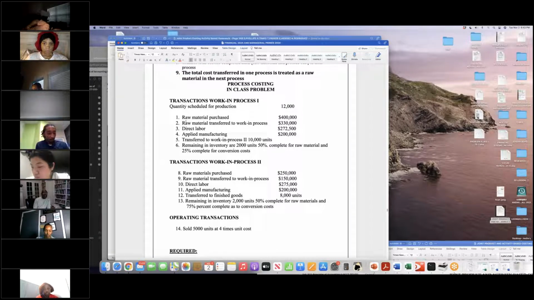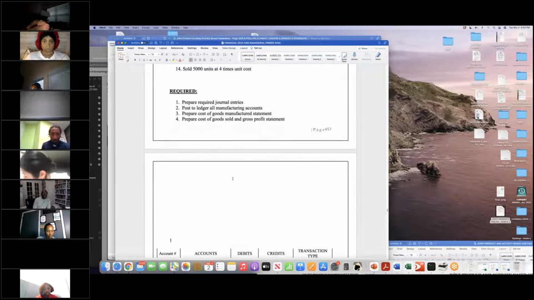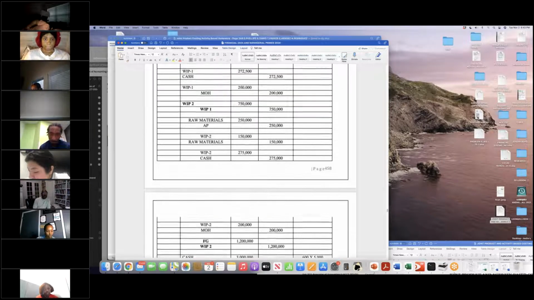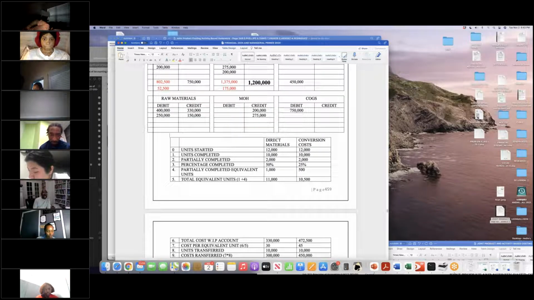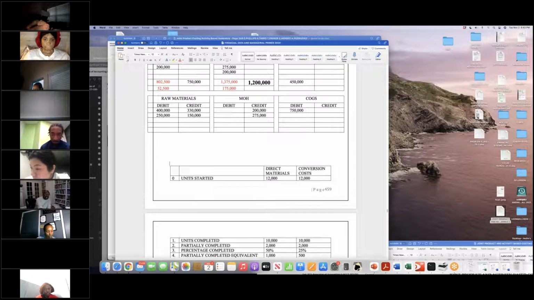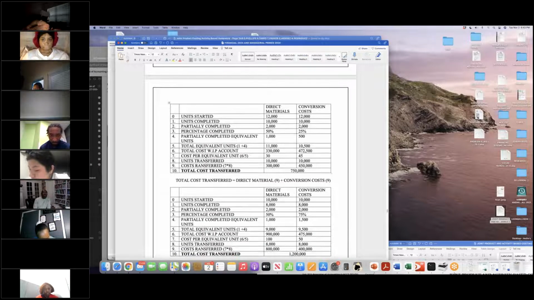So journal entries 1, 2, 3, 4 pretty easy. Journal entry 5, how much you transfer. Then same thing with journal entry 11, how much you transfer. And so to your delight, we have this chart that we can use to determine how much you transfer.